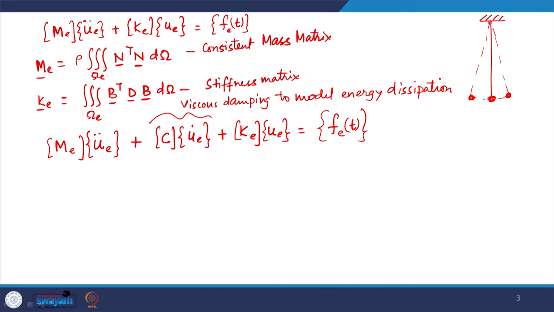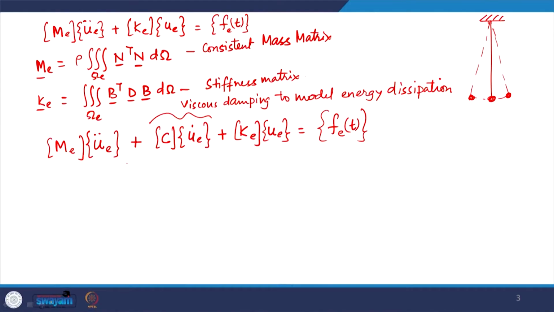Only this form of energy dissipation gives us a linear differential equation. This is still a differential equation, with second order derivatives in time, first order derivative in time, velocity, and this is displacement. So, this is still an ordinary differential equation, but if we choose any other energy dissipation mechanism, this equation will be a nonlinear equation.